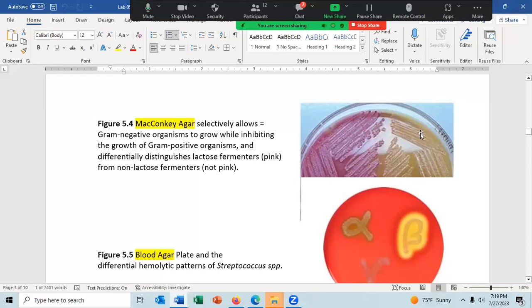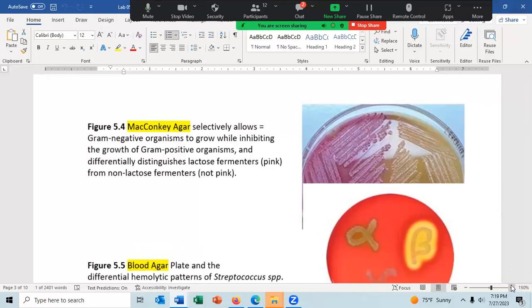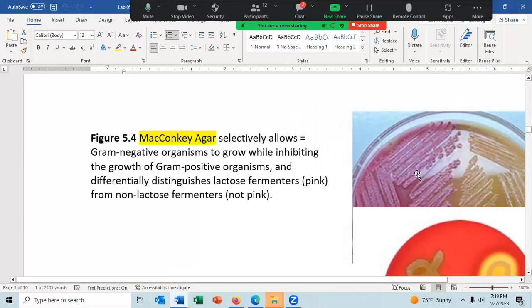If, on the other hand, the organism ferments the sugar lactose, it will make the organism and the agar around the organism look pink. And it's because the sugar fermentation produces an acid and the pH becomes pink when it is acidic.